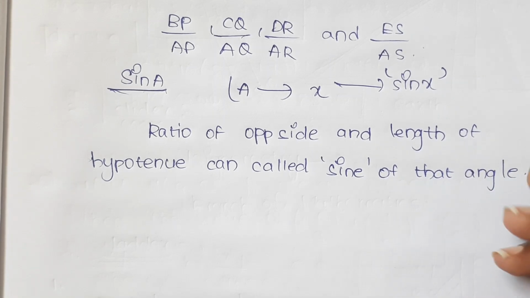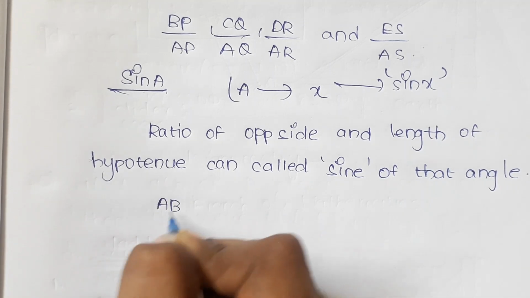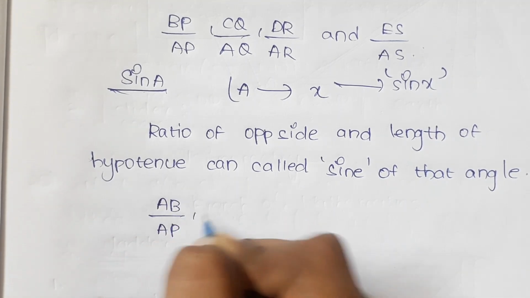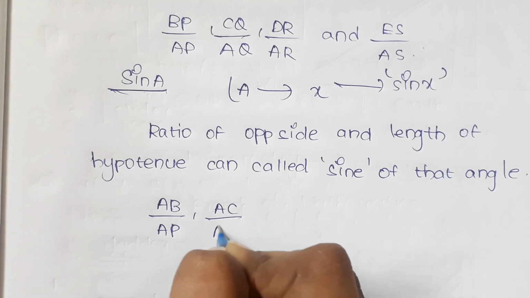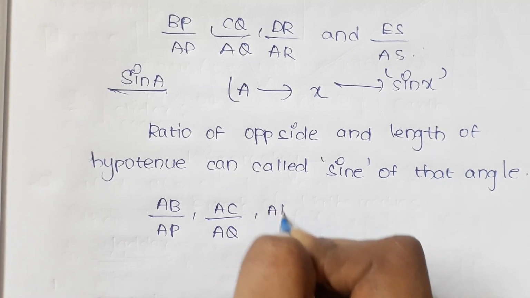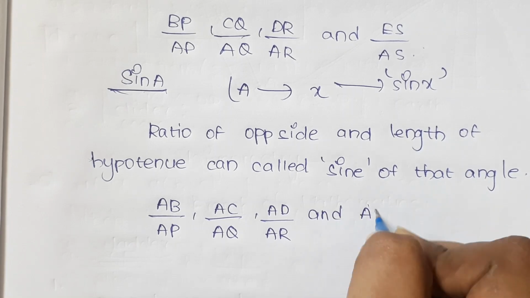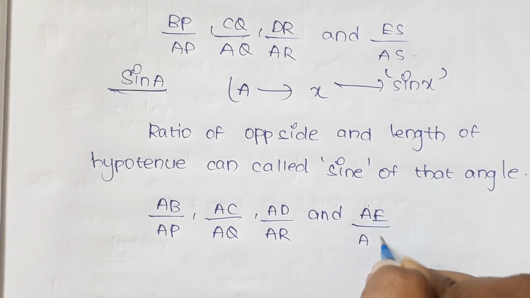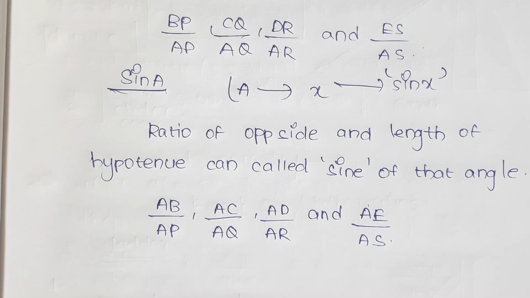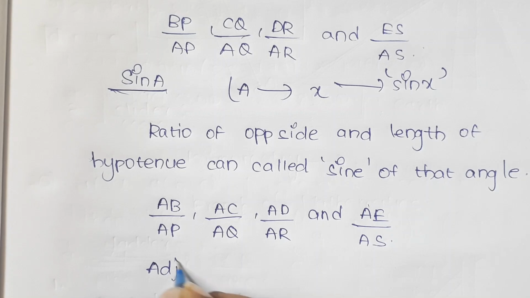And similarly, when we observe the ratios of AB by AP, AC by AQ, AD by AR and AE by AS, for these triangles also the ratios are constant, and these ratios are the adjacent side of angle A and the hypotenuse in a right angle triangle.